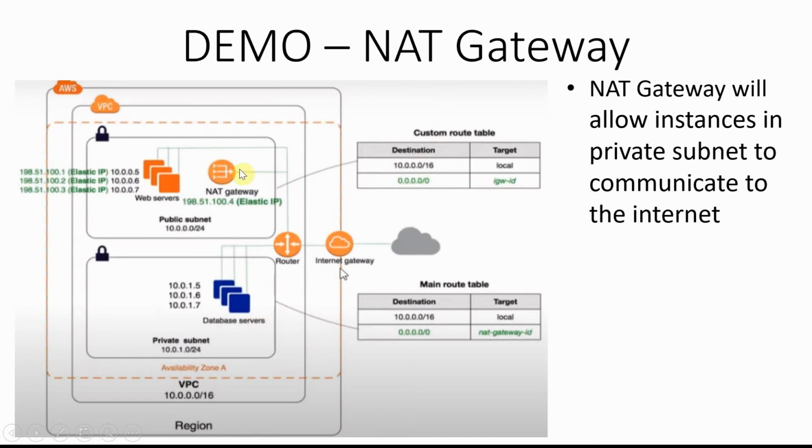We'll also create a NatGateway and link it to the private subnet. Then we'll see that without making this entry, internet won't be there, but once you make this entry, internet will be there. That is what we're going to see. With that we'll start.